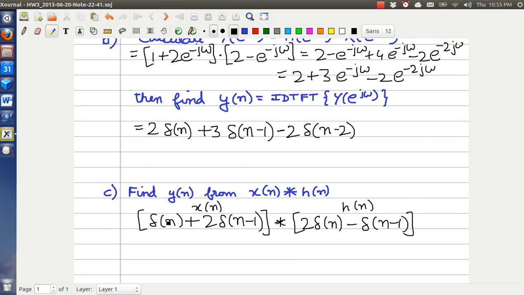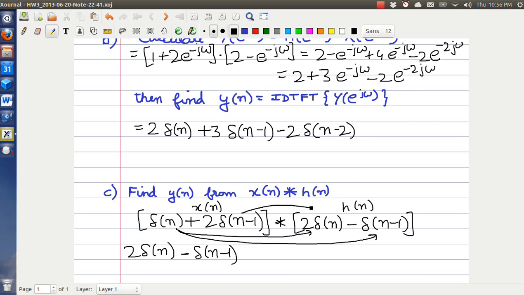Convolution with the delta function is a very straightforward process. Delta function convolved with the delta function is simply the delta function. The delta function convolved with anything is the same thing. So these two would yield negative delta n minus 1.